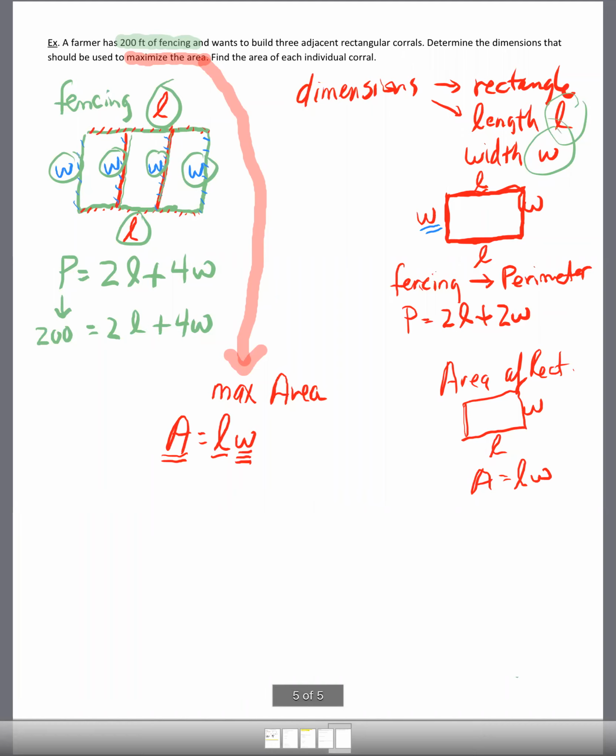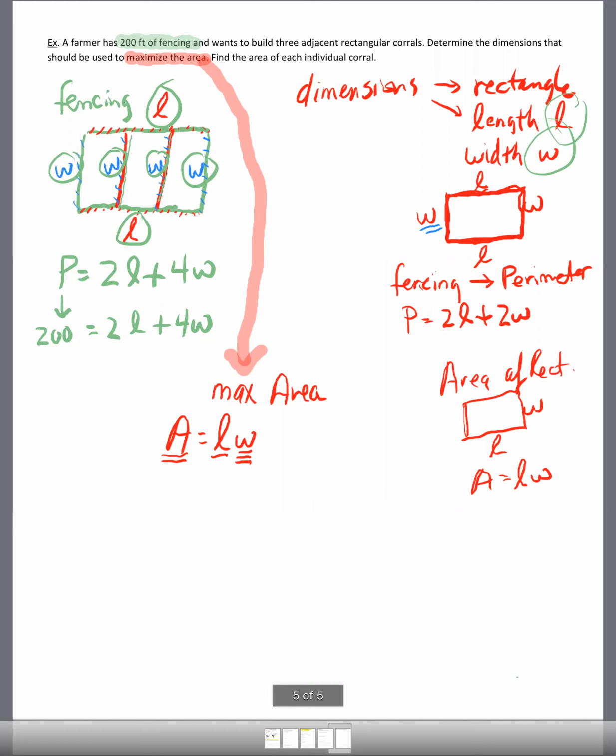Either the L has to become a W or the W has to become an L. This is where it gets a little tricky, because this is where you and I now have to go back to what we know about the relationship with L and W for our 3 adjacent corrals.